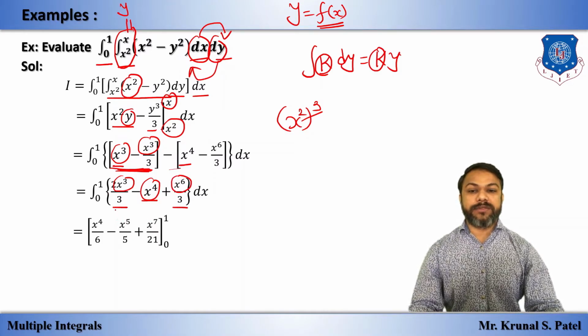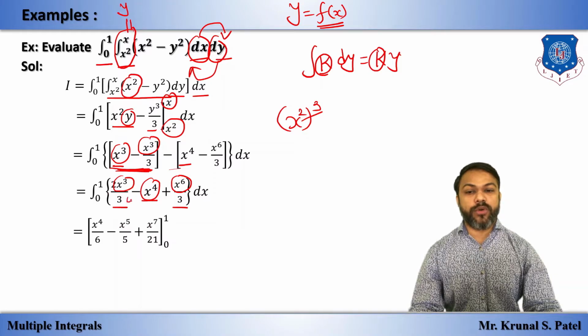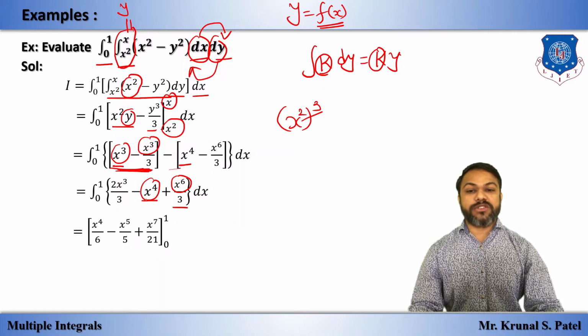This 2 cancels with the 4, and 2 threes are 6, so x to the 4 by 6. Now x to the 5 by 5 as it is, and x to the 7 by 7, 7 threes are 21. Now upper limit minus lower limit.